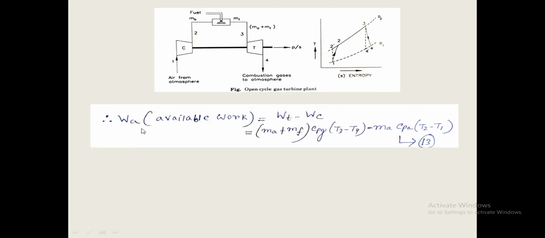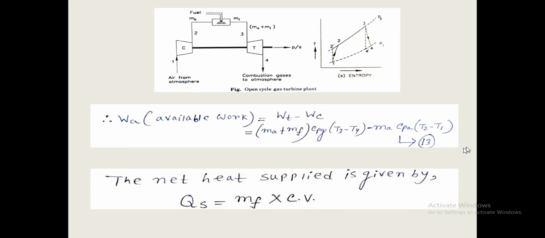So available work Wa is equal to Wt minus Wc. Putting the values of Wt and Wc, you will get (Ma plus Mf) into Cpg into (T3 minus T4) minus Ma into Cpa (T2 minus T1). This is equation number 13. The net heat supplied is given by Q equal to Mf into Cv, the calorific value.